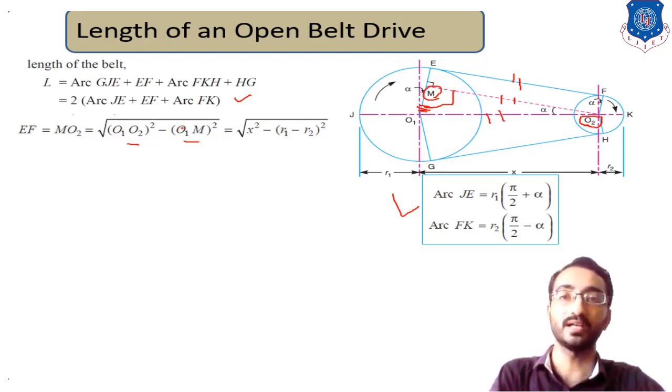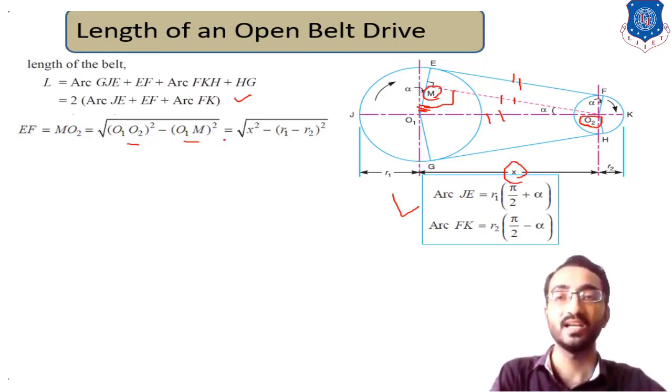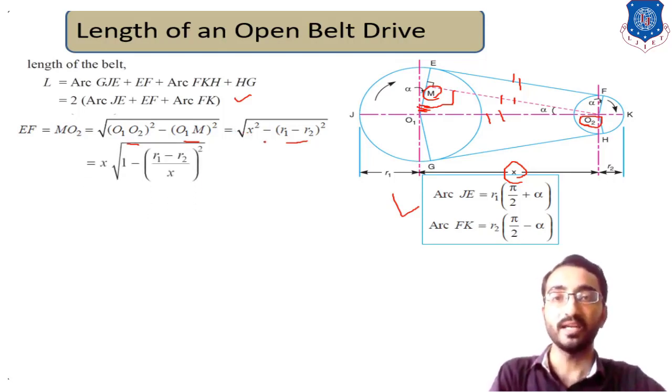Here O1O2 is the horizontal distance between these two pulleys, that is x. So it is under root of x square minus R1 minus R2 whole square. Now from this equation we can take x square as common, so it will become x as a common term, and we can write under root of 1 minus R1 minus R2 upon x whole square.